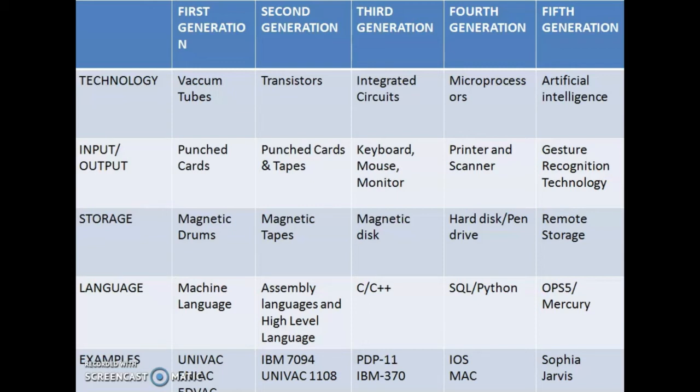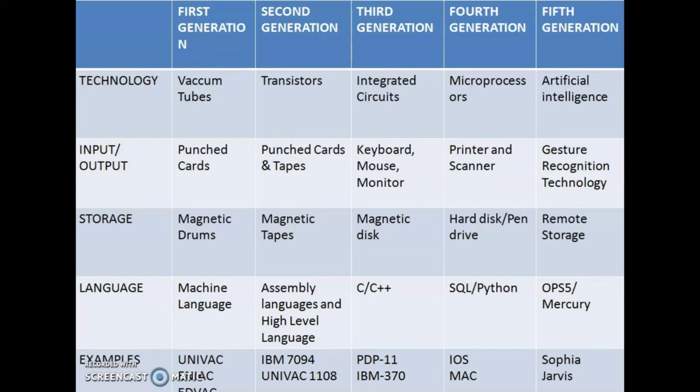The fourth generation computers were developed during the period of 1971 to 1980. Microprocessors were used in fourth generation technology, so the computers were compact in size and affordable, and it led to the evolution of the personal computer.